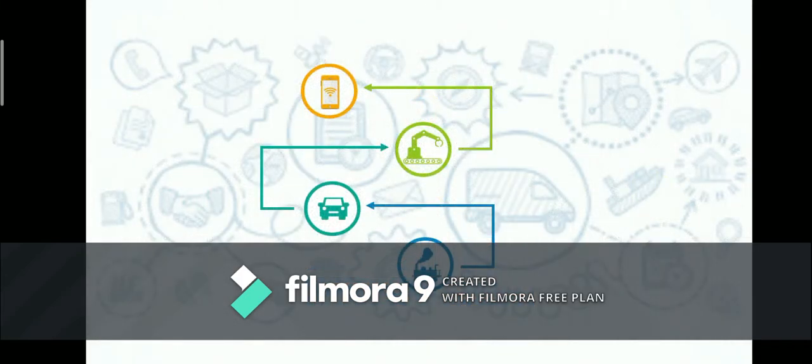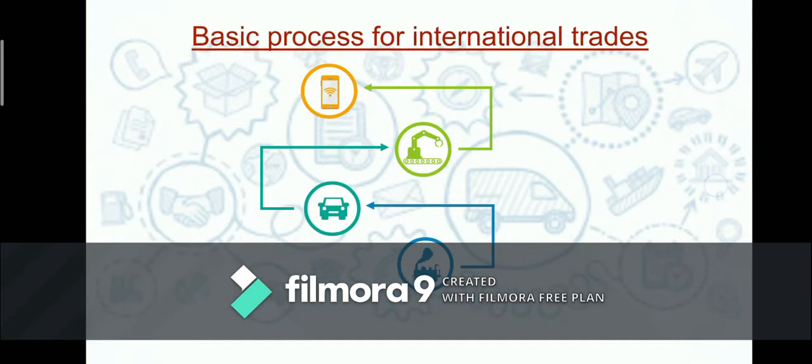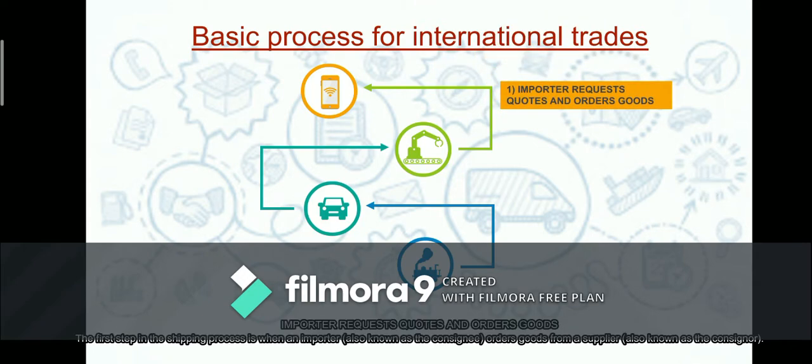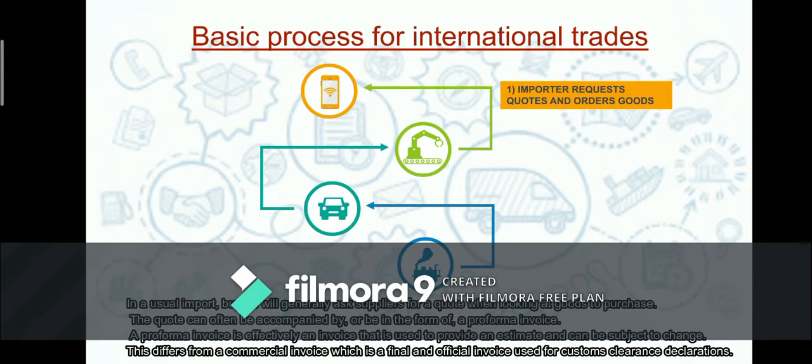So, we can move to the basic process for international trades. The first one is importer requests quotes and orders goods. The first step in the shipping process is when an importer orders goods from the supplier. In a usual import, the buyer will generally ask the supplier for a quote when looking at goods to purchase.